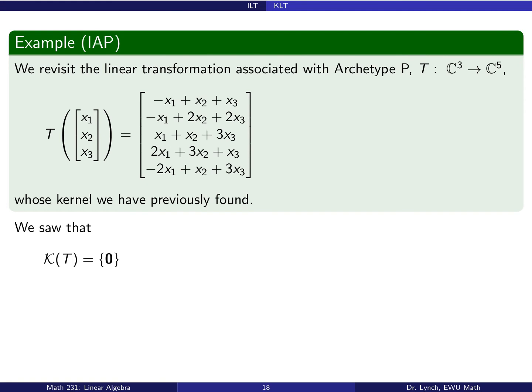Okay, here's an example we already found. We already had a look at the kernel of this transformation and found that it's trivial. A trivial kernel means that the transformation is injective.